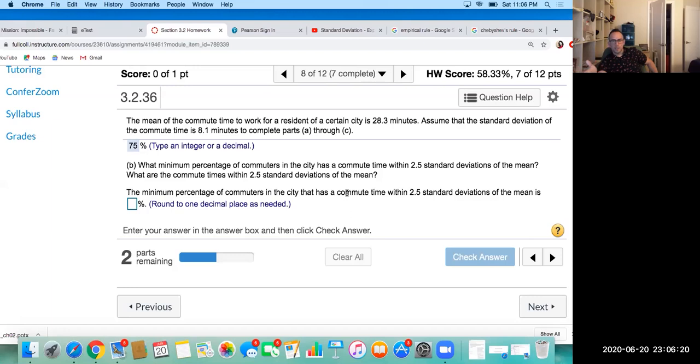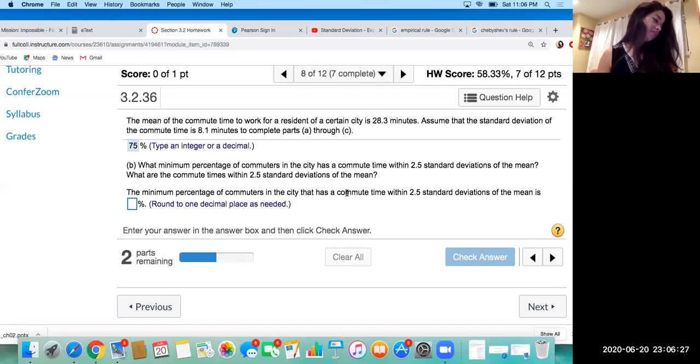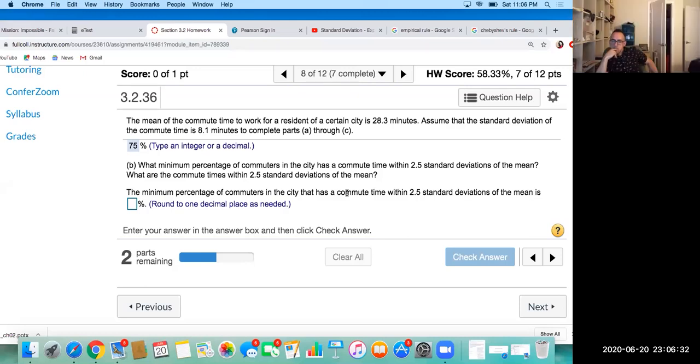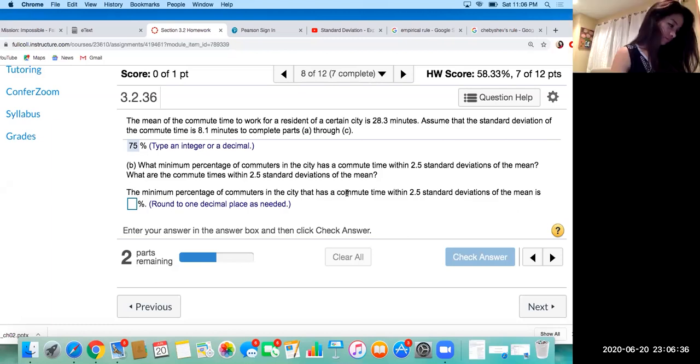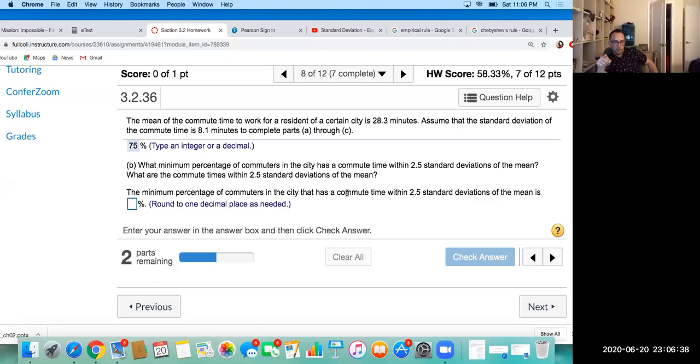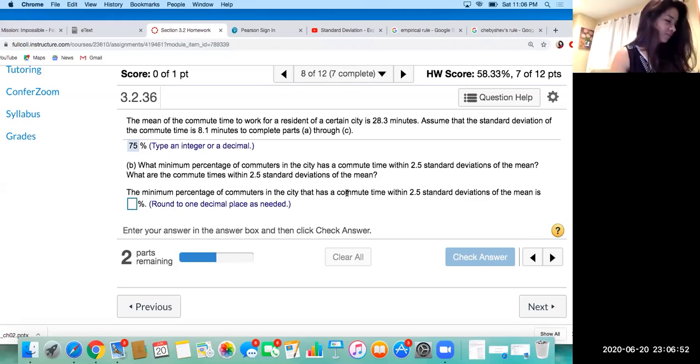Wouldn't it be 36? I'm doing something wrong here. Let me put in, so type this in: 1 minus 1 divided by 2.5 squared. I get 0.84. I'm doing something wrong.